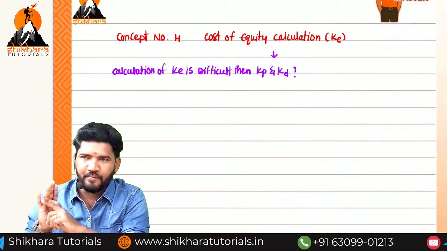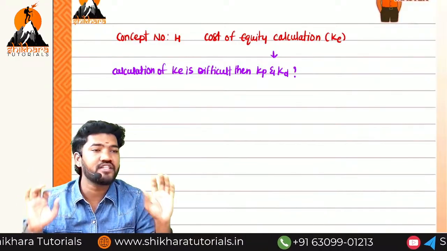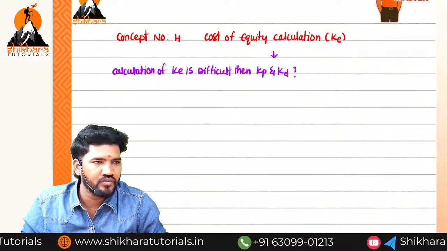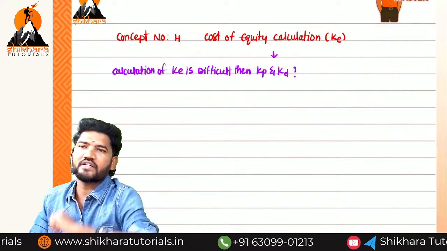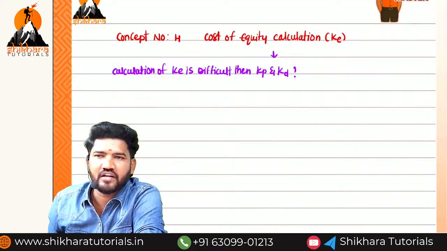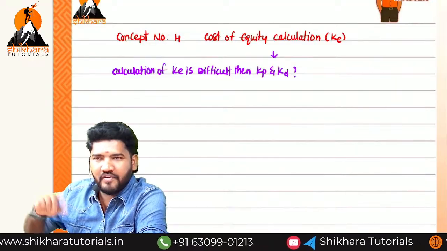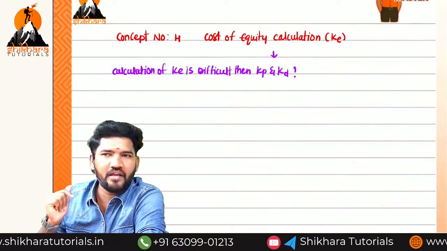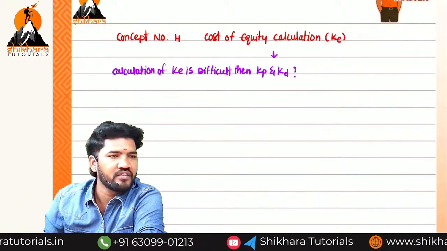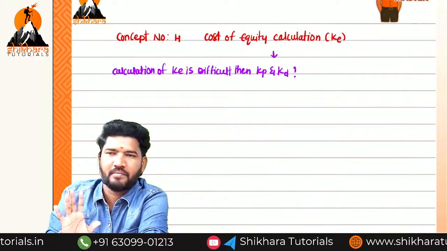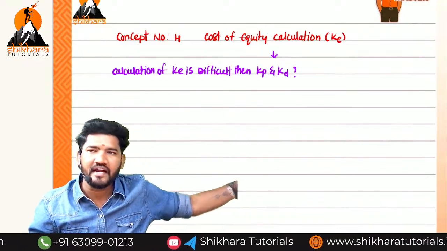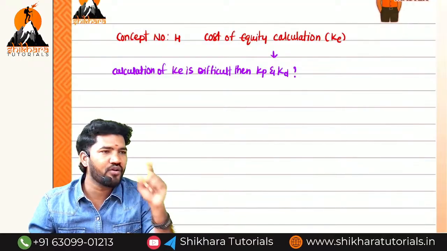Out of these people, who has the right to enjoy company growth? All of them? No. Only owners. Who are the owners? Equity shareholders. Are you guys clear? Now the growth also will not be the same every year. Sometimes it will be huge, sometimes it will be less. It is also fluctuating, na? Because of the growth concept, KE is difficult than KP and KD. Now tell me, is there any growth concept in KP?